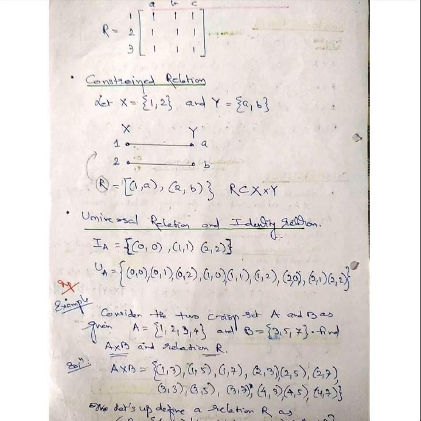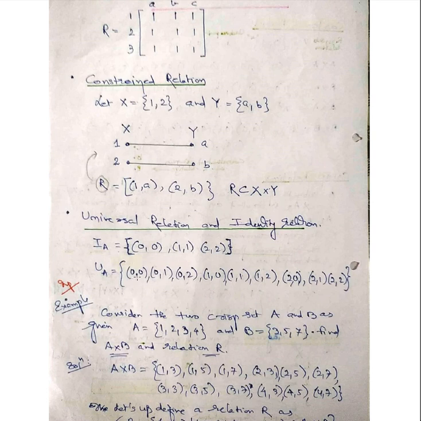Now coming to the universal relation and identity relation. Under this particular case, if you look across, I is equal to (0,0), (1,1), (2,2). That is your case with respect to the identity relation. Whereas the universal relation takes into consideration this identity relation and also the relations with respect to the other sets.